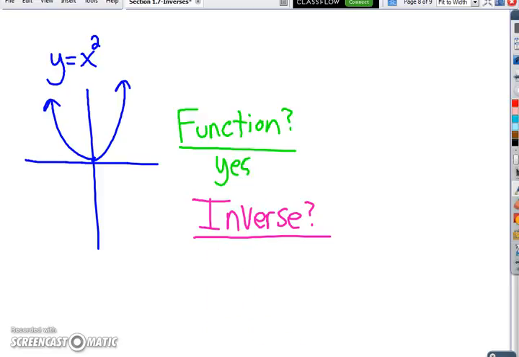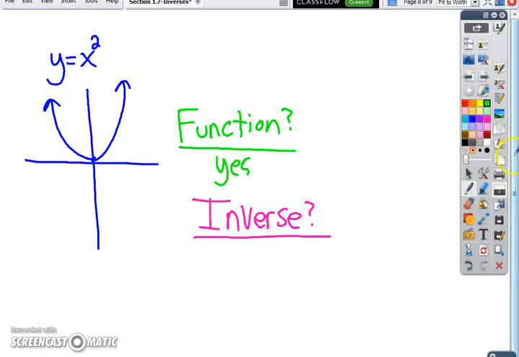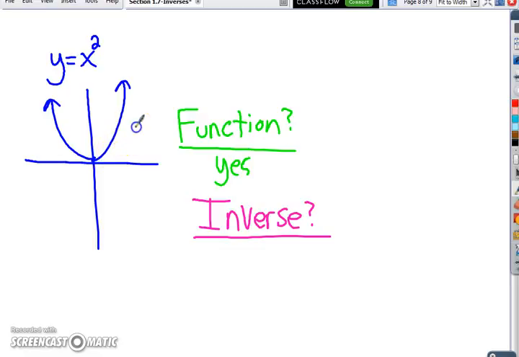The question I have is, will its inverse also be a function? So we do a horizontal line test, and it hits twice. So no, the inverse of x squared is not going to be a function. It has an inverse, but that inverse is not a function.